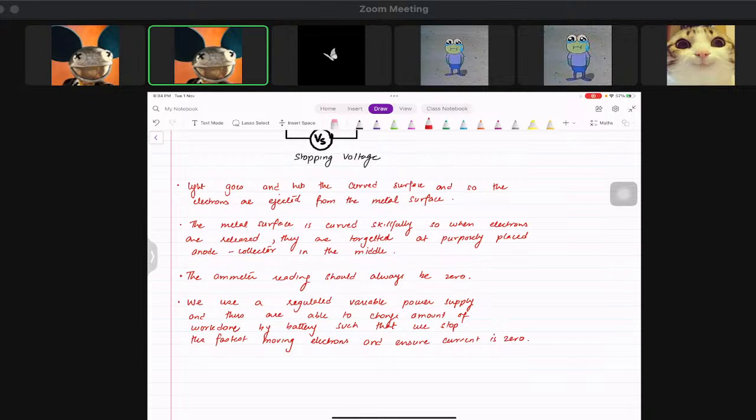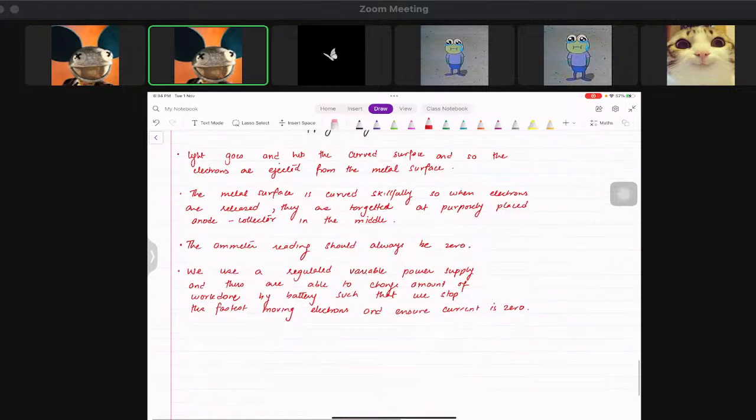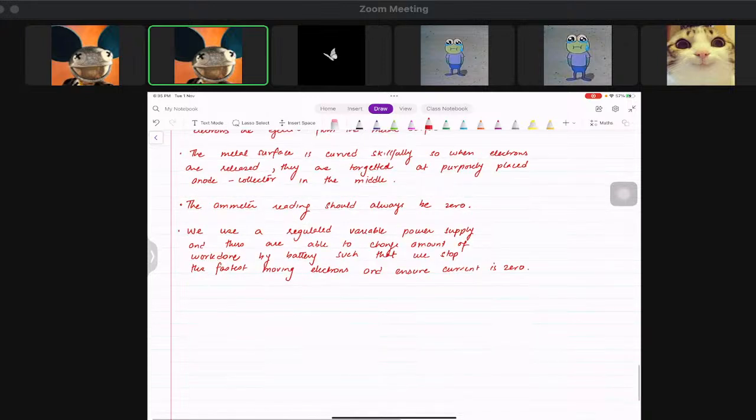Now, this is the reason: the electrons have kinetic energy. They've just been released and they have a lot of kinetic energy. So we should understand that the work done by the battery, because it's put against the flow, has to be equal to the maximum kinetic energy of the fast moving electrons.